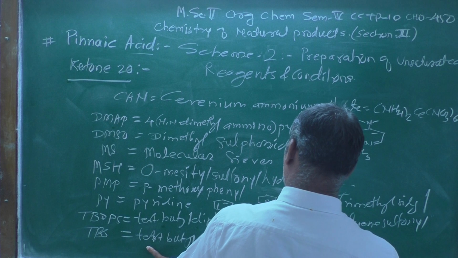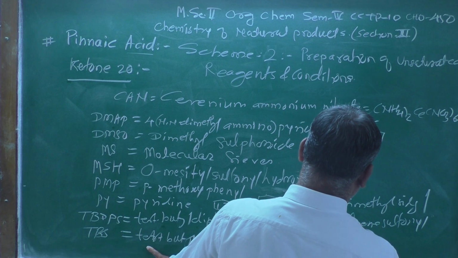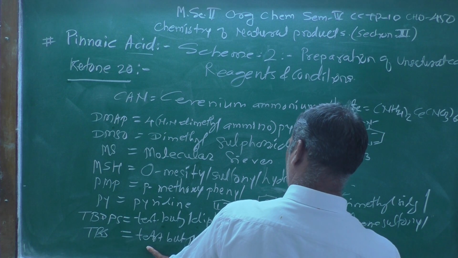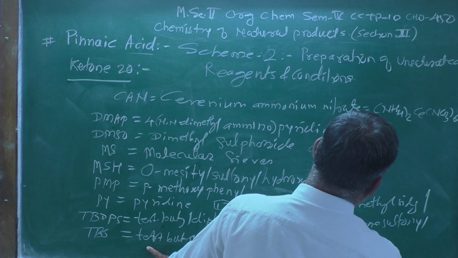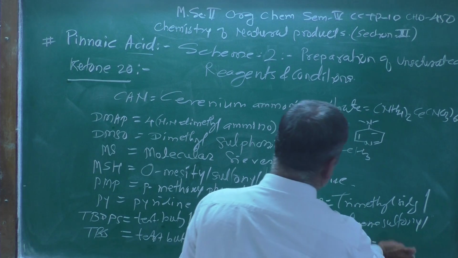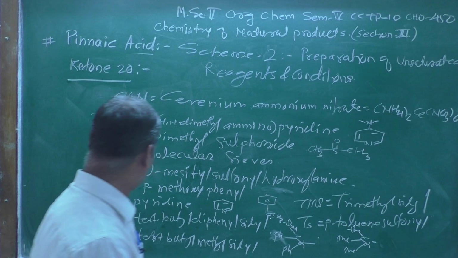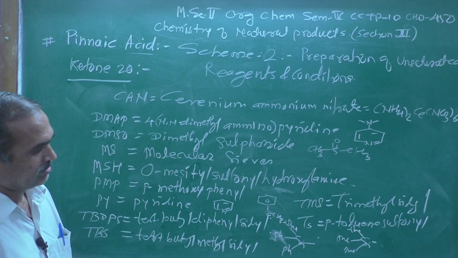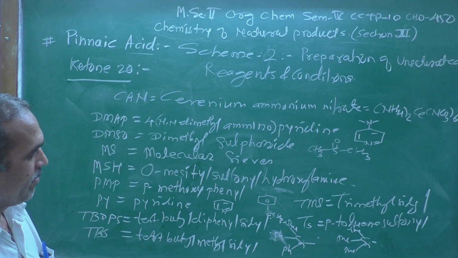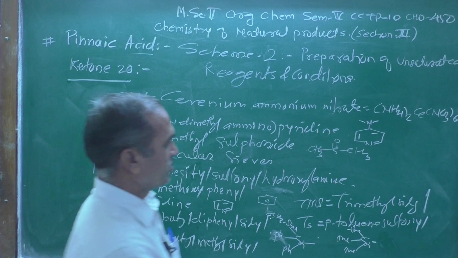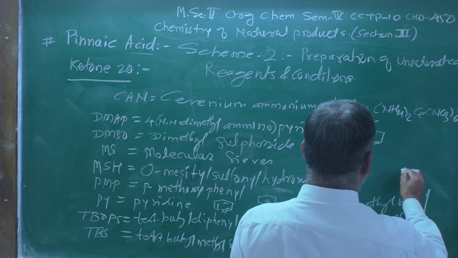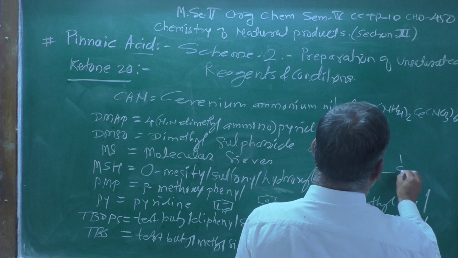Tertiary butyl methyl silyl, TBS, with Cl, like this. So that is the structure of tertiary butyl methyl silyl.